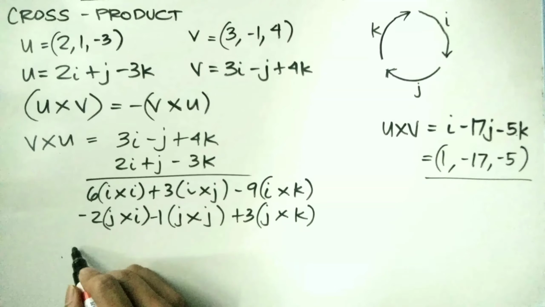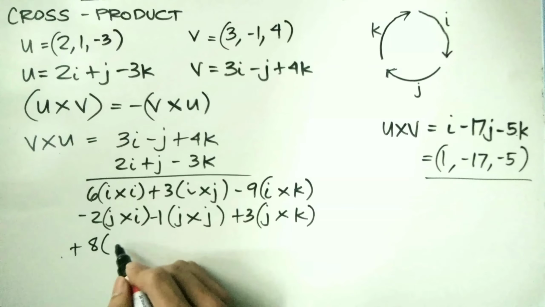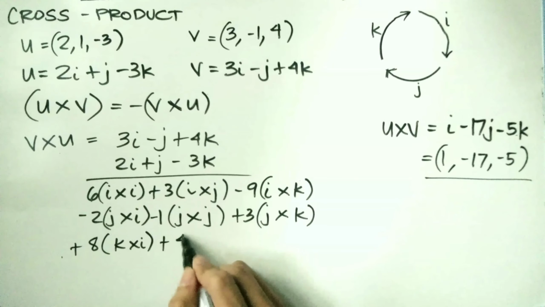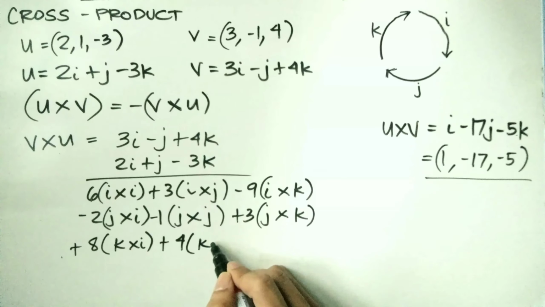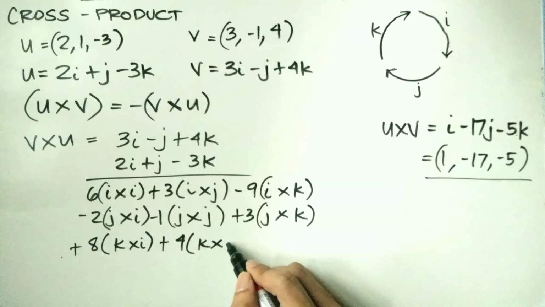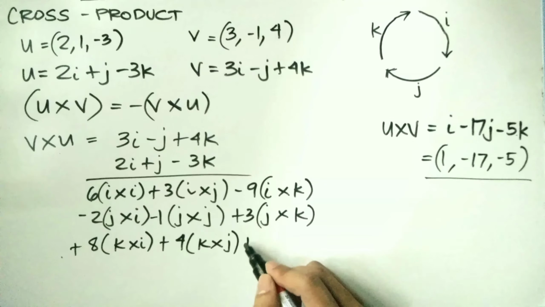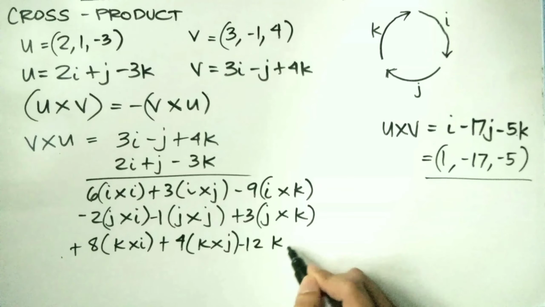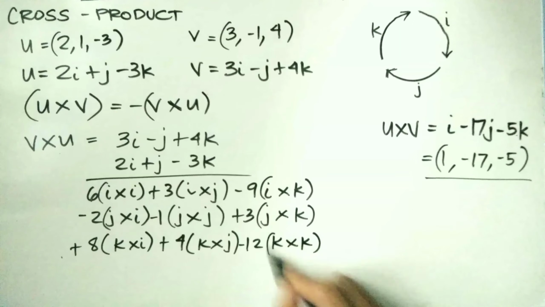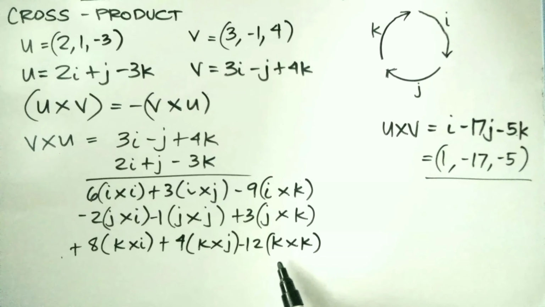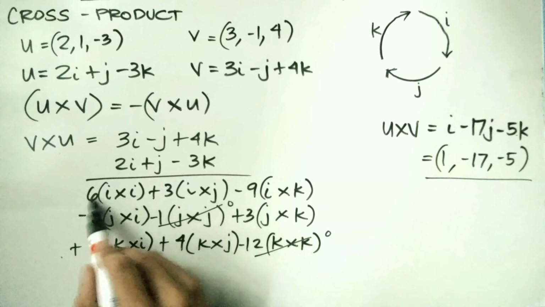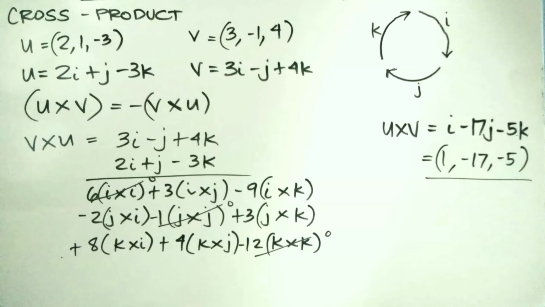Next, we have positive 8 k cross i, plus 4 k cross j, negative 12 k cross k. Similarly, if you cross product a vector by itself, that would be equal to 0. So we have reduced the terms.